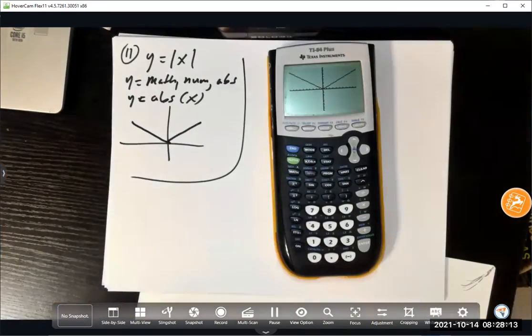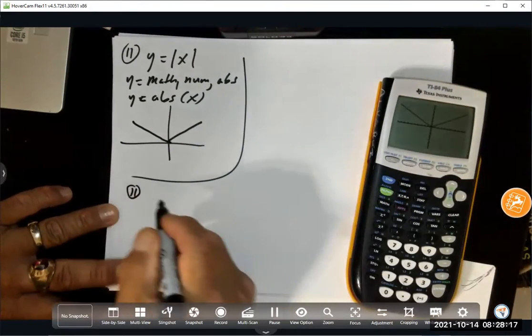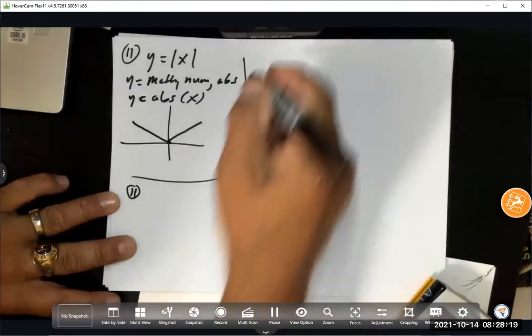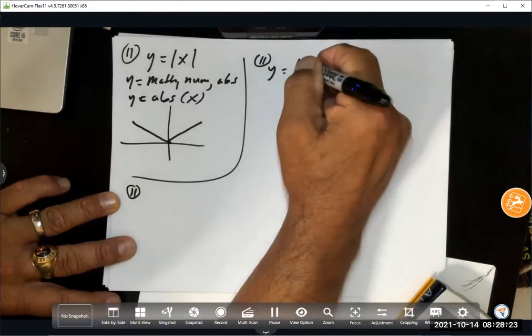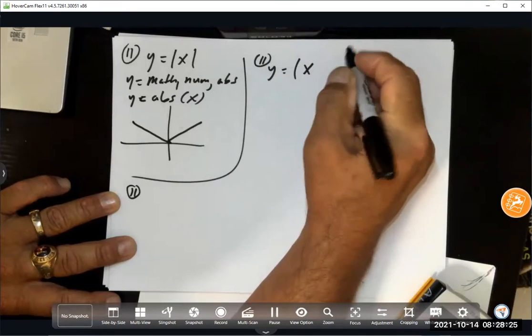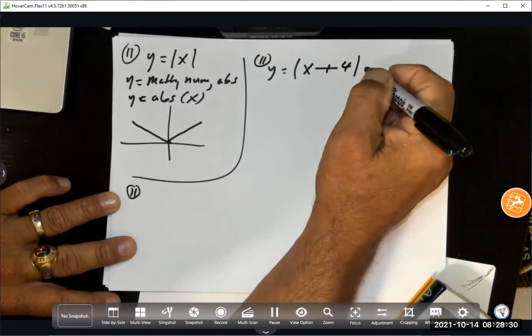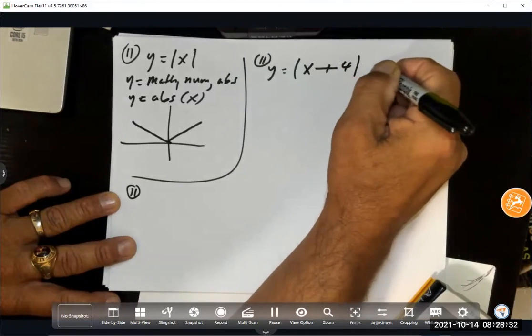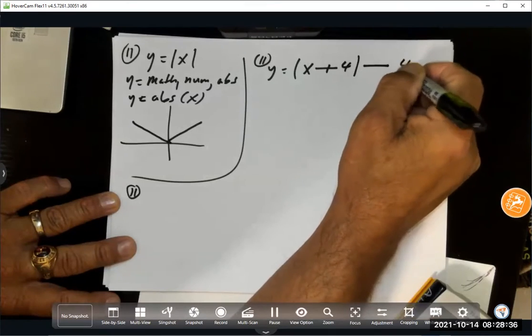Yes, sir. All right, so now I'm going to do two things to it. So number 11, I'm going to do two things. Let's do it over here. I'm going to do absolute value of x plus 4, and then I'm going to put minus a 4 over here.